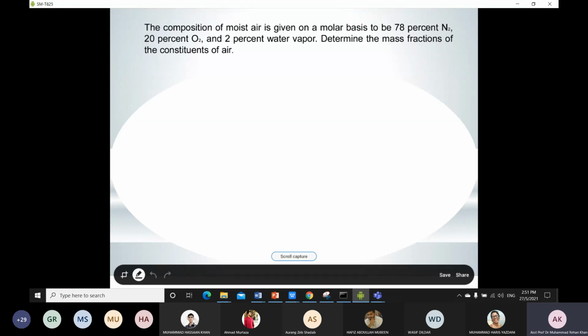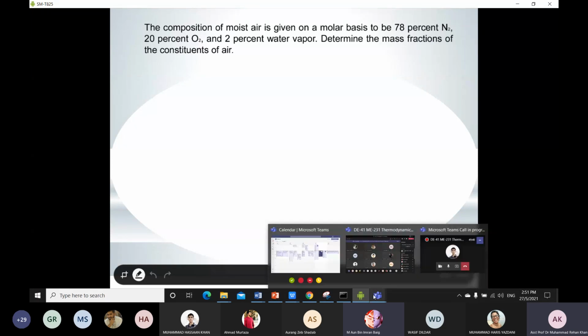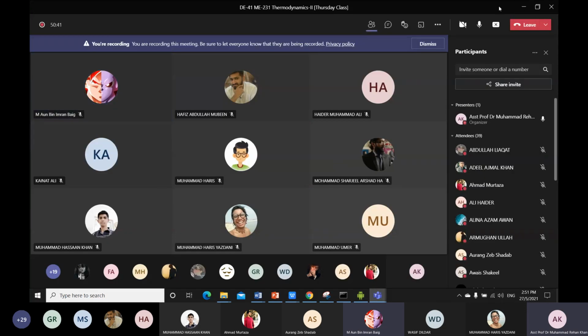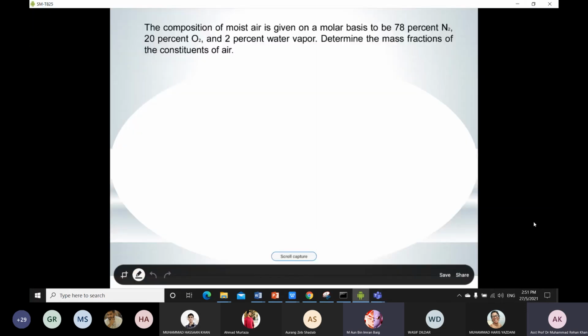So it means that we are interested to find the mass fraction of the individual components, because it is mentioned that we have to find the mass fraction.